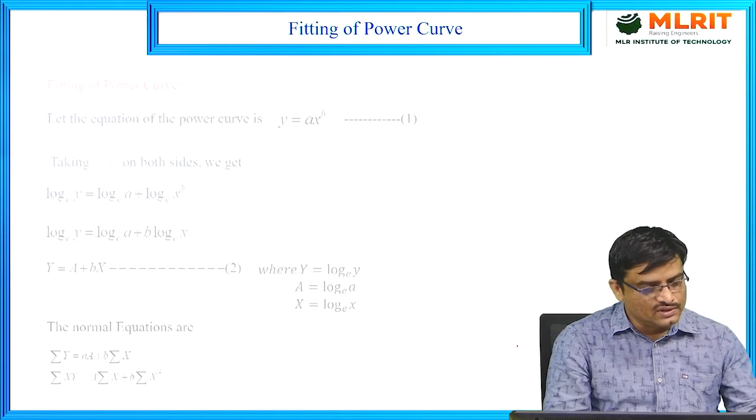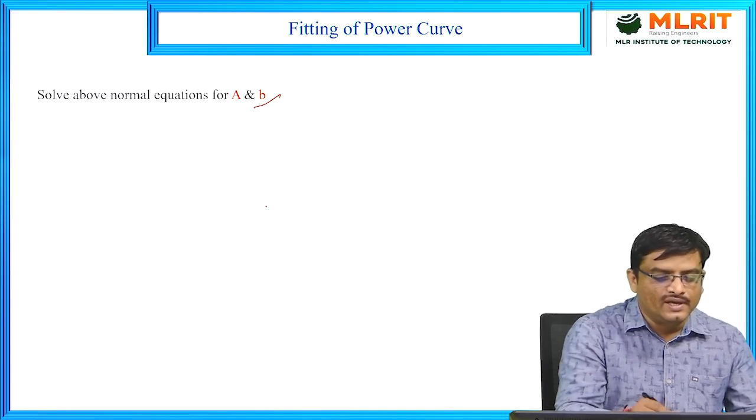Now solve these equations. You will get capital A and small b values.